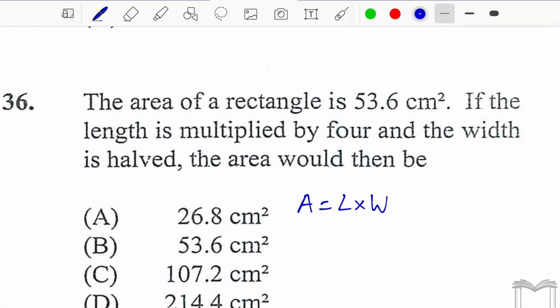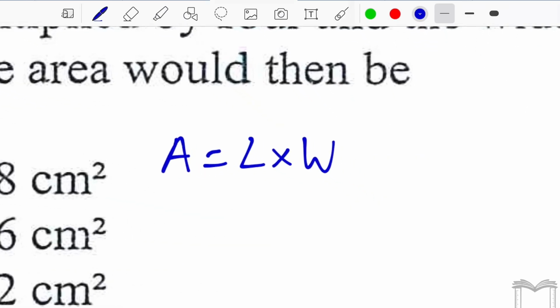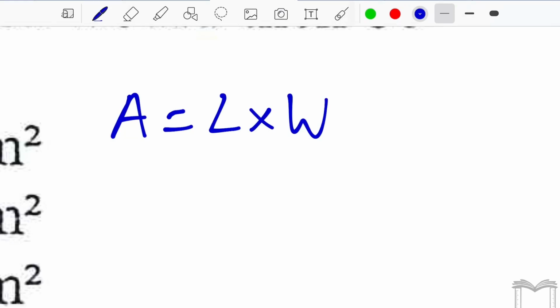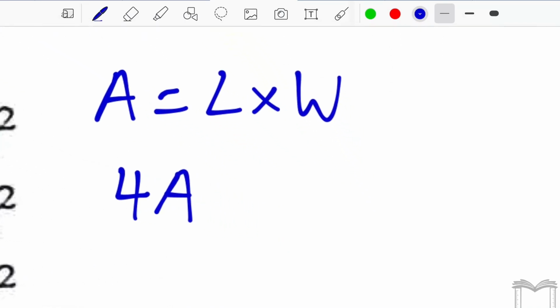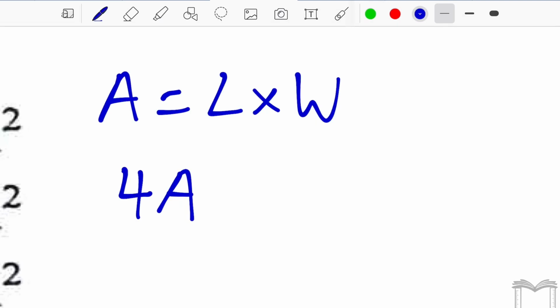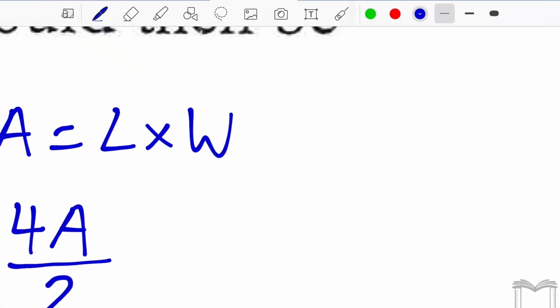Seeing that it is simply multiplication, if we multiply the length by 4, it means that the area would also be multiplied by 4. If we halve the width, then we would also have to halve the area as well. I will show you this afterwards.